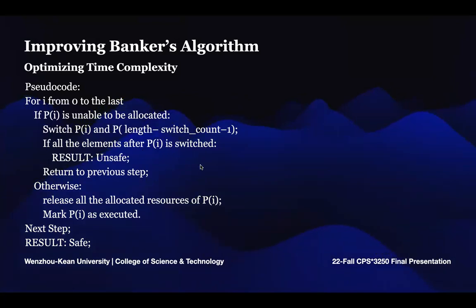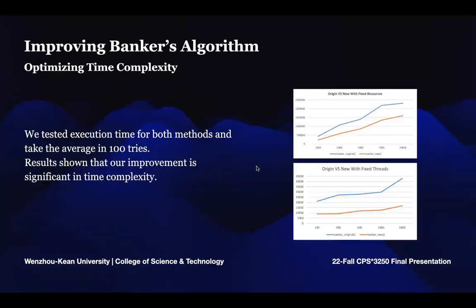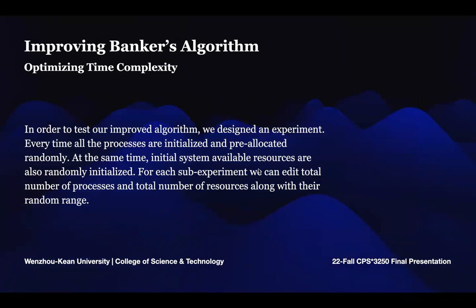And next, I'm going to introduce the experiment method. Every time, all the processes are initialized and pre-allocated randomly, and at the same time, the initial system available resources are also randomly initialized. For each sub-experiment, we can edit the total number of processes and the total number of resources along with their random range.